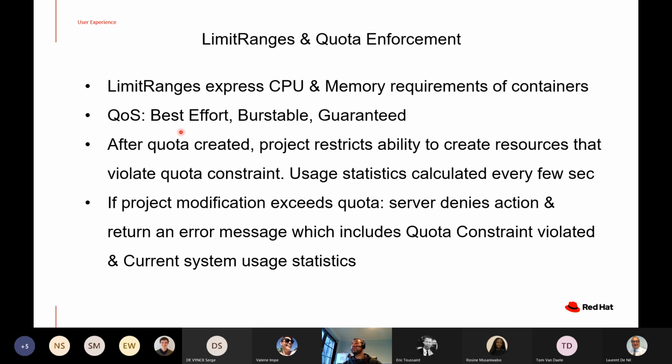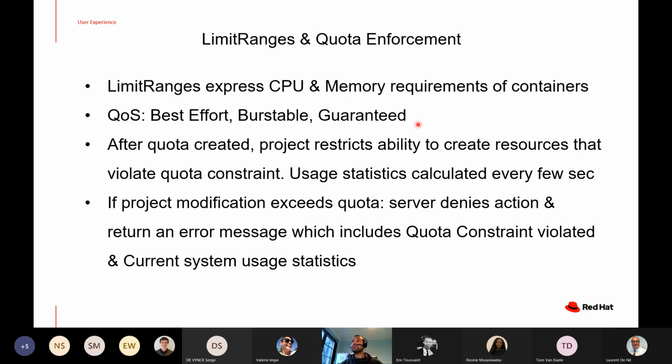Some default quality of services. Well, there are three. Best effort. It's the internet scenario. You have just the maximum limitation, and we cannot guarantee anything. Of course, the opposite is guaranteed.